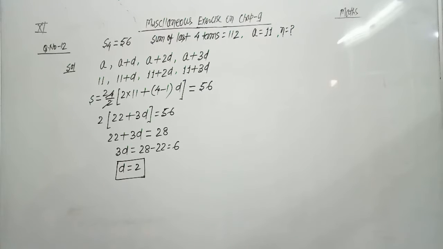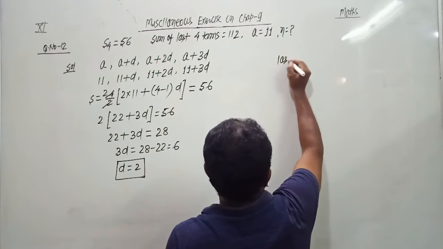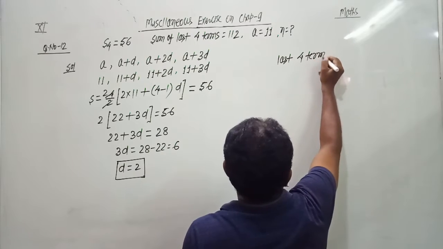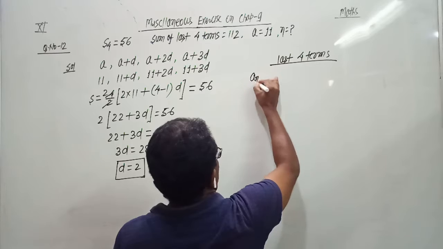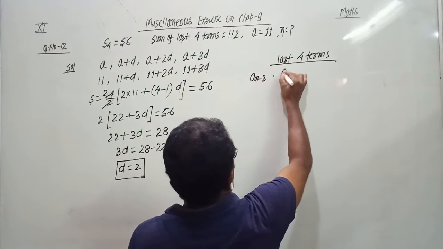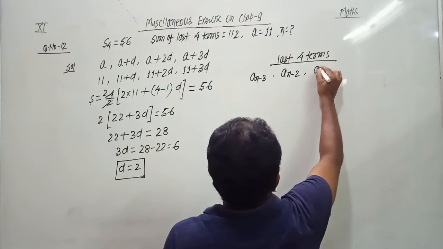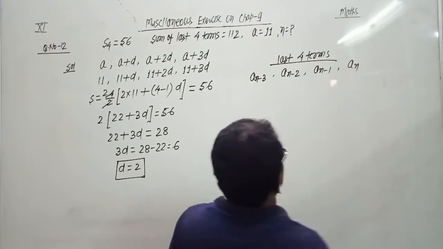Now we have given the last four terms. The last four terms are given by a n minus 3, a n minus 2, a n minus 1, and a n.